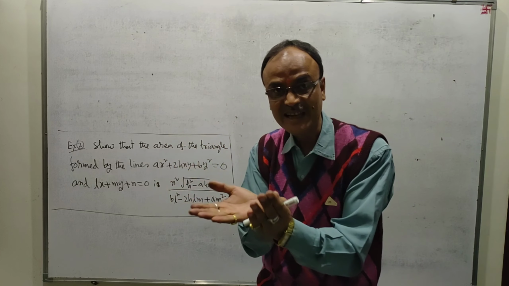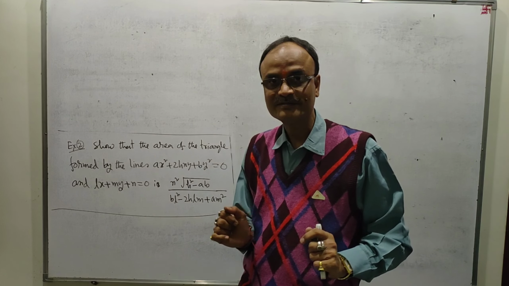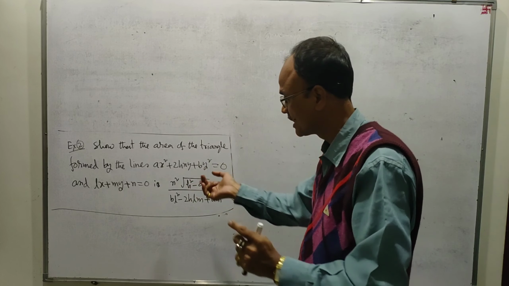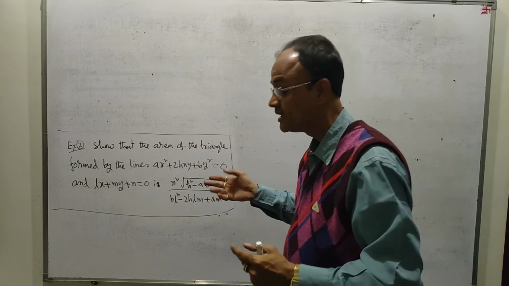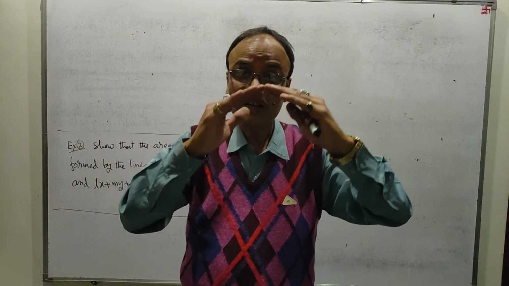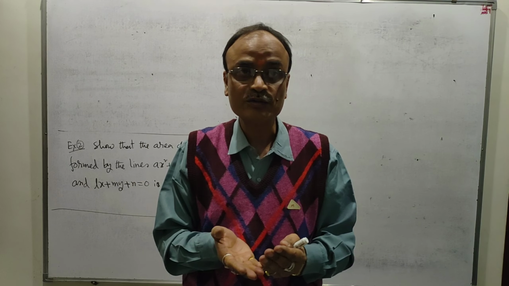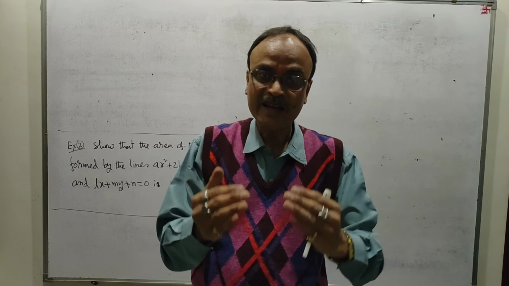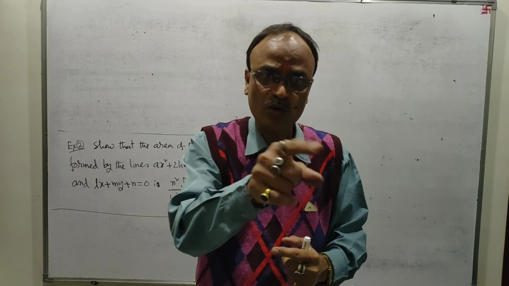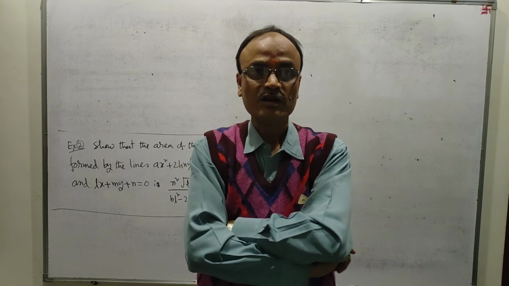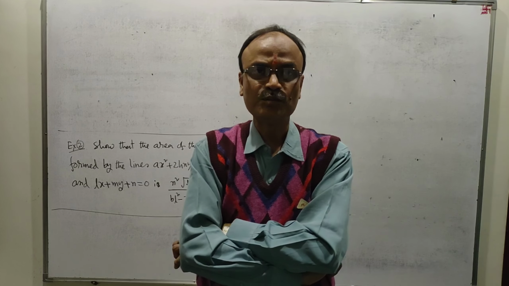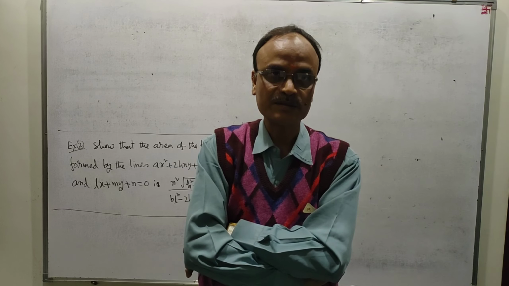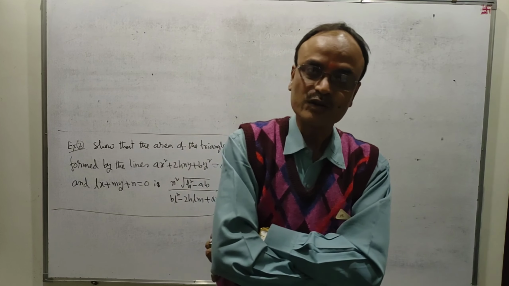All the sides of the triangle are given. If all the sides of the triangle are given, this means that we can find the coordinates of all the vertices of the triangle.